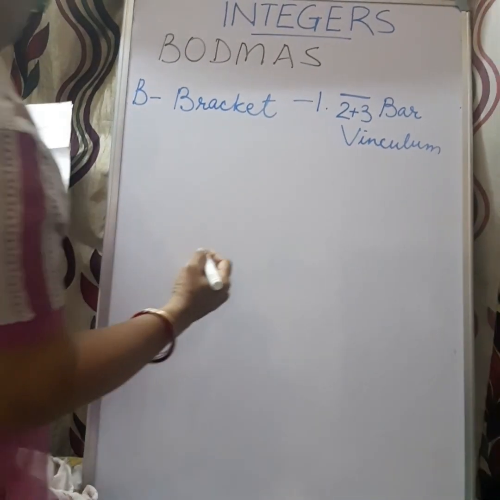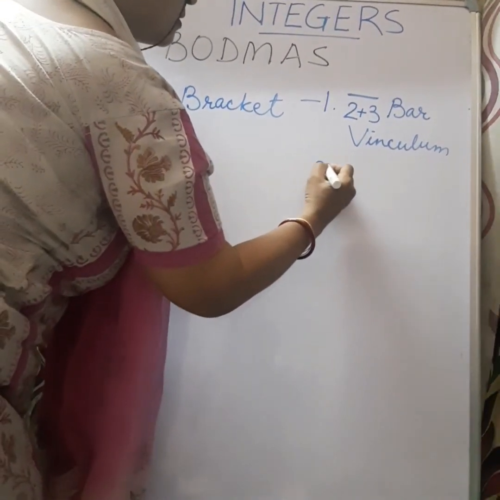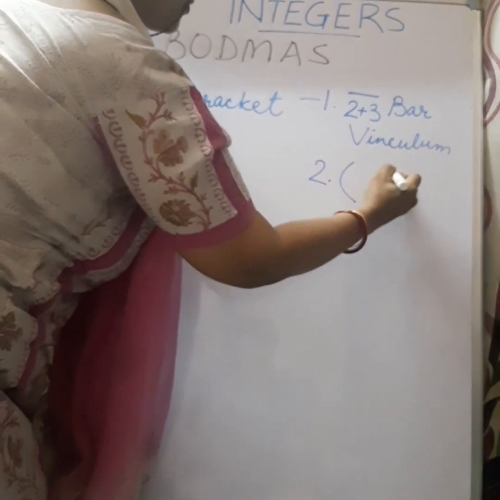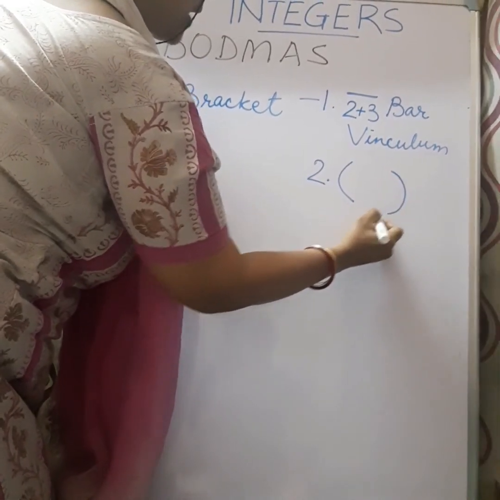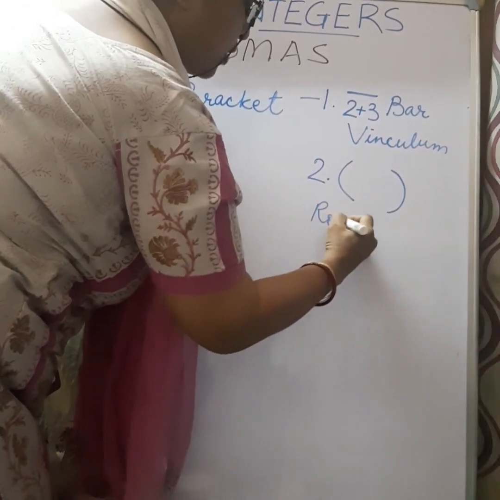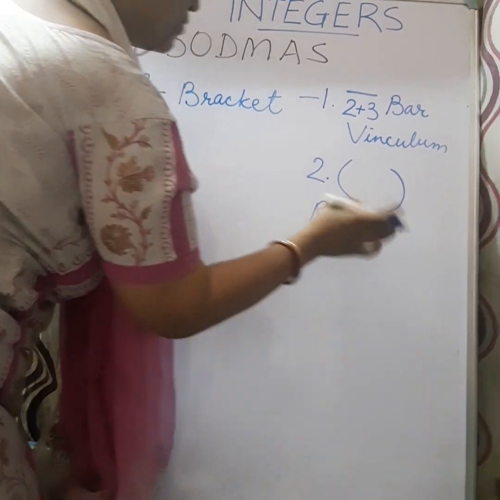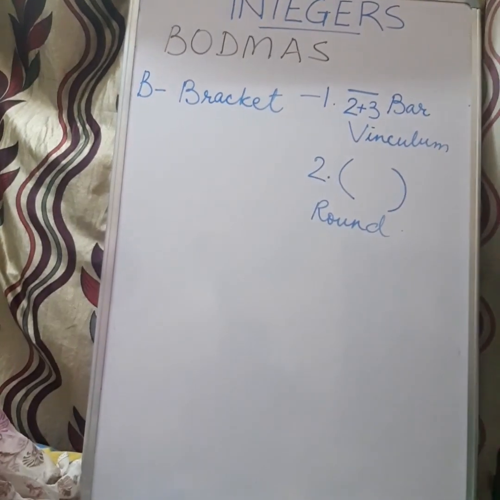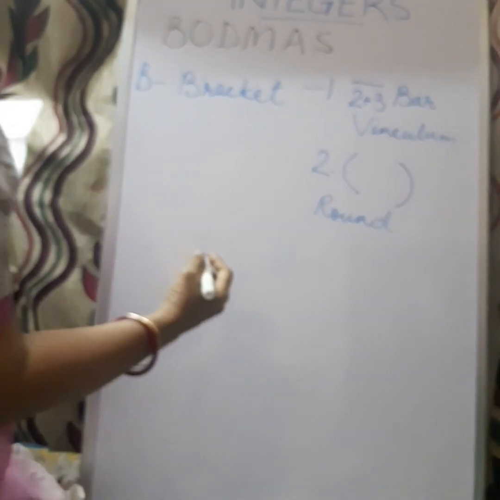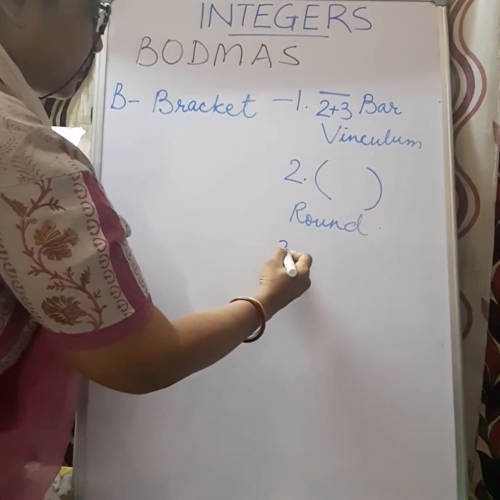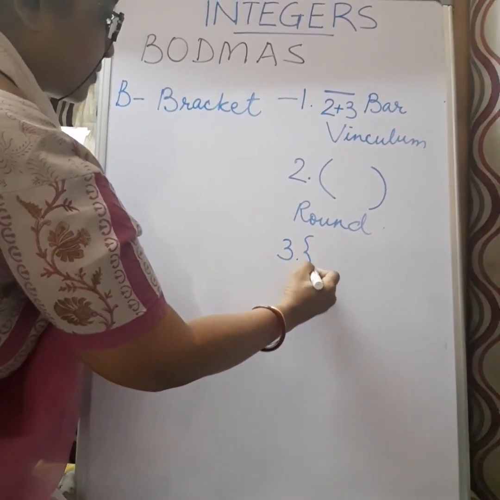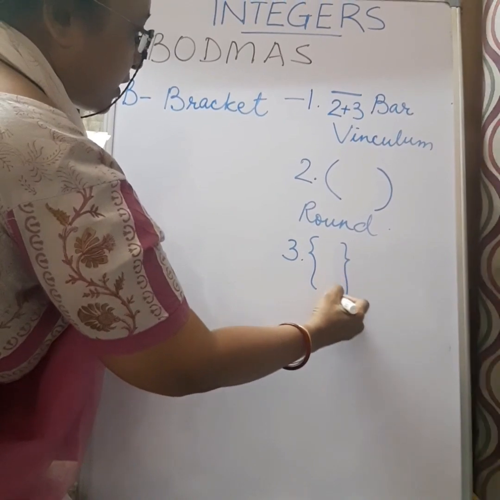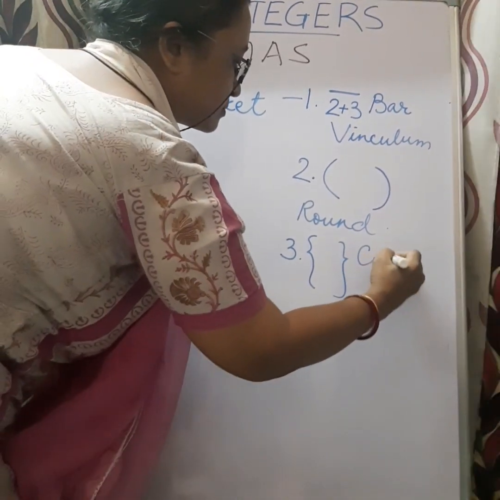Next bracket is the round bracket, the simple bracket which we often see. Third one is like this, we call it curly bracket.